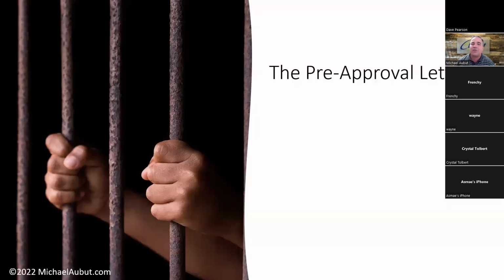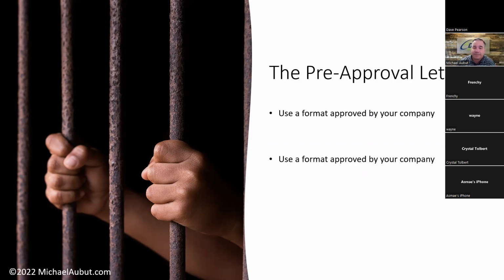Okay, now let's talk about the pre-approval letter. Why do I have somebody in jail? Because I'm going to strongly recommend you use a format approved by your company. Don't make your own pre-approval letter. I've got 3 rules when it comes to the pre-approval letter. Use a format approved by your company. Strongly recommend you use a format approved by your company.